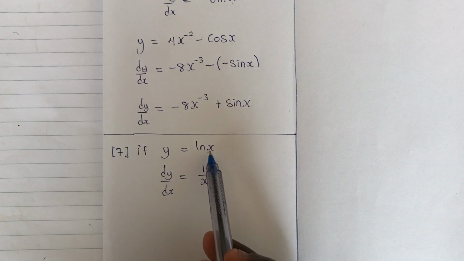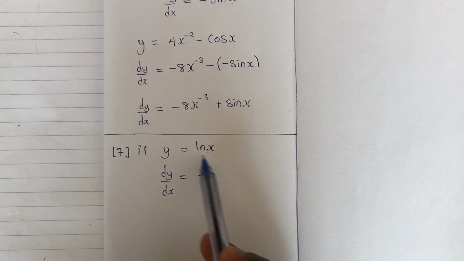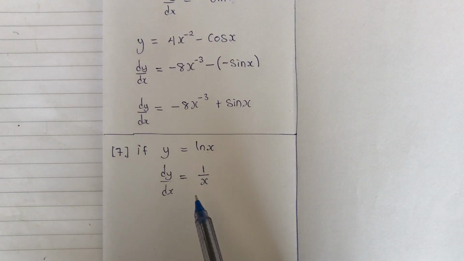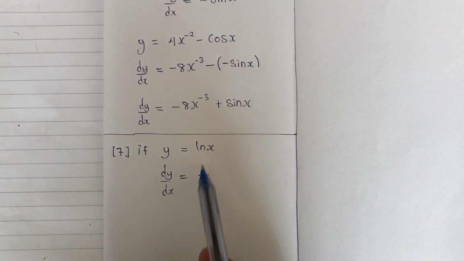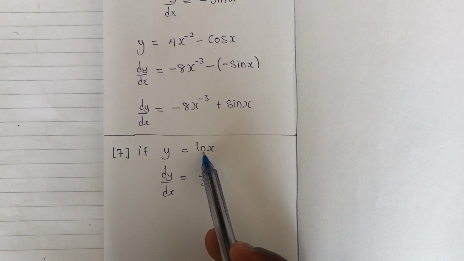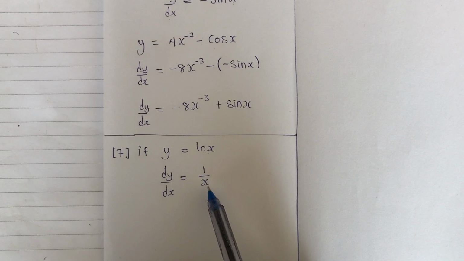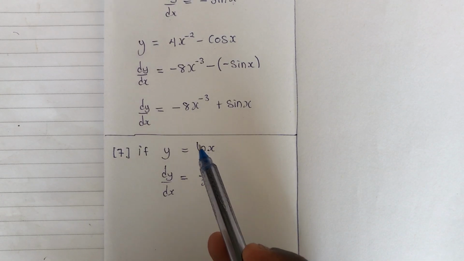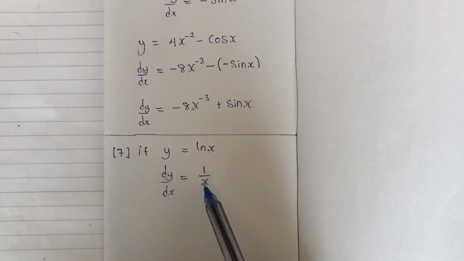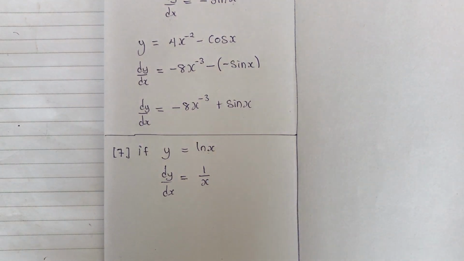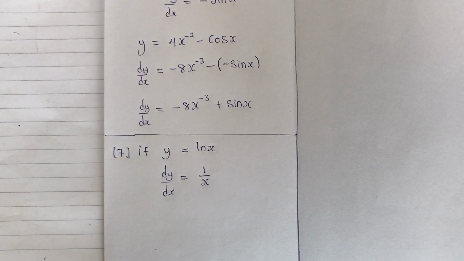So no matter the variable you have here, when you differentiate it, it will be 1 over that variable. The integral of this will generate what you have here. So when you integrate 1 over x, it will give you ln x. When you differentiate ln x, it will bring you back to 1 over x.